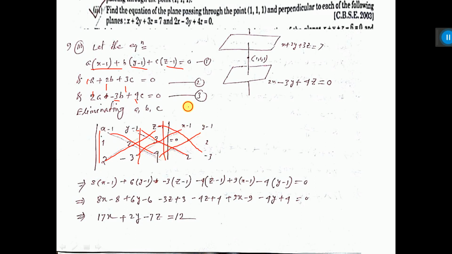Now how to write this? The first row goes there, the second row you copy there. If you apply it in that way, you will get the value of the determinant, and you get the equation of the plane.